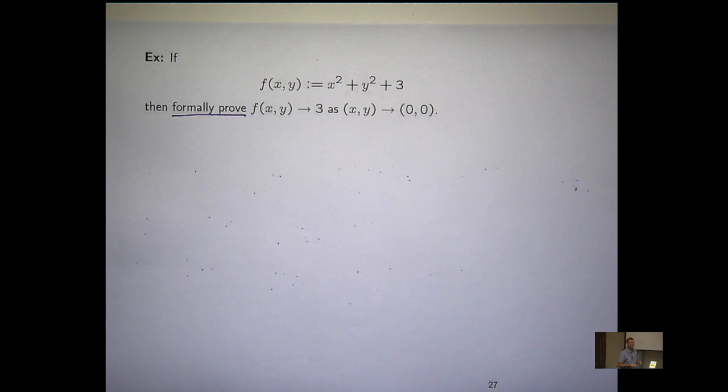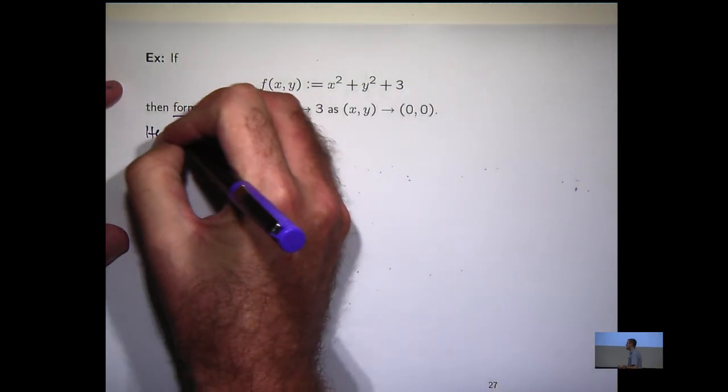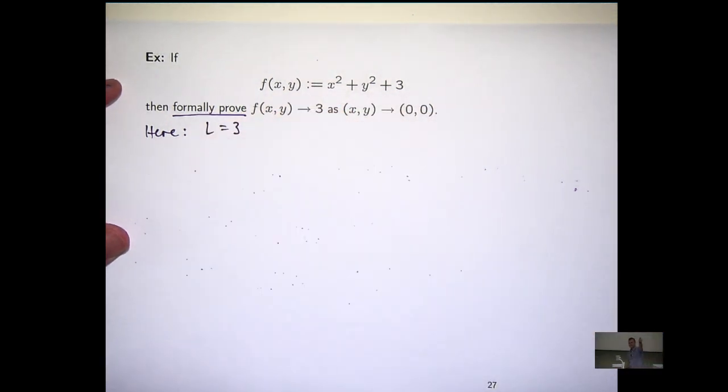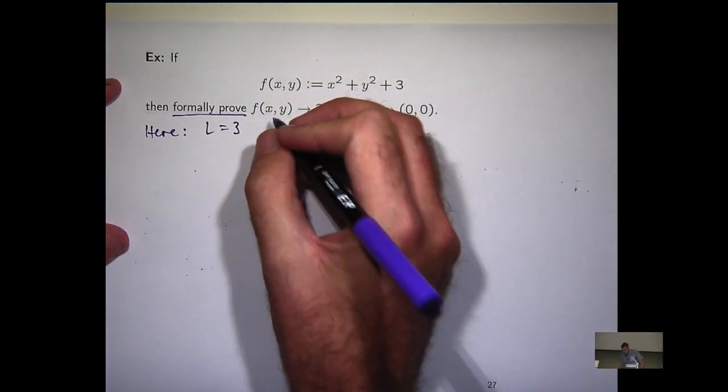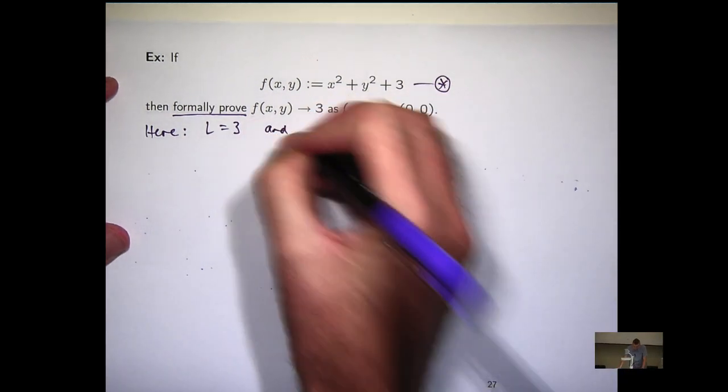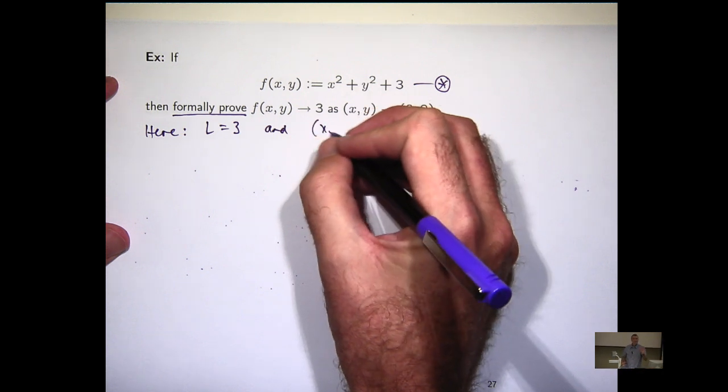So now we're actually going back to the epsilon-delta type definition. For this example, the limit, big L, is just 3.